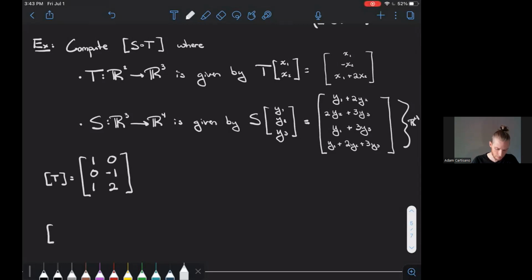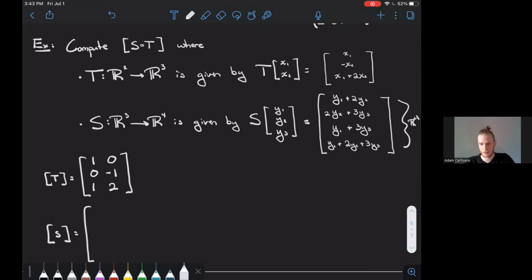For S, this is going to be significantly more work. There are three standard basis vectors in R3: 1, 0, 0; 0, 1, 0; 0, 0, 1.